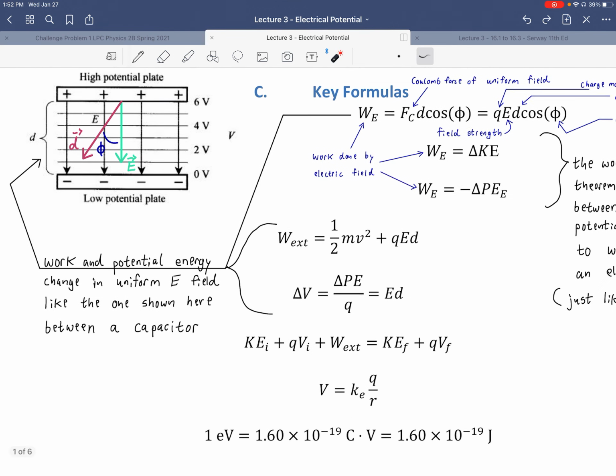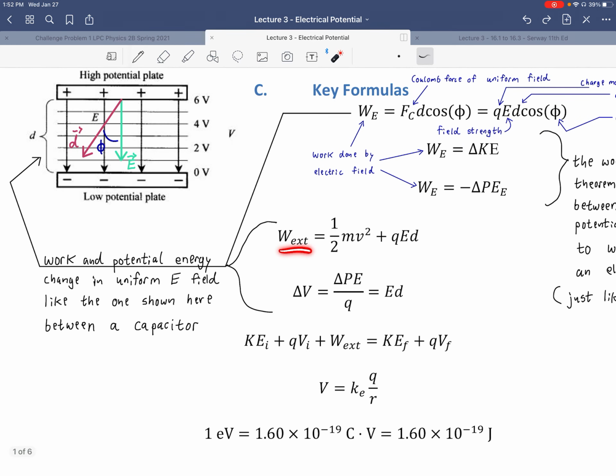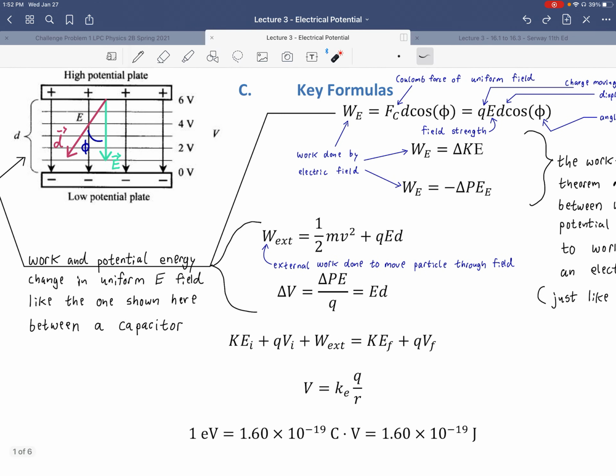So these next two formulas, work done by an external force and change in voltage, they both, as written, only apply to uniform electric fields. That is, of course, a restriction, but a lot of times we work with uniform electric fields. So this first equation here is the external work done to move a particle through a field.